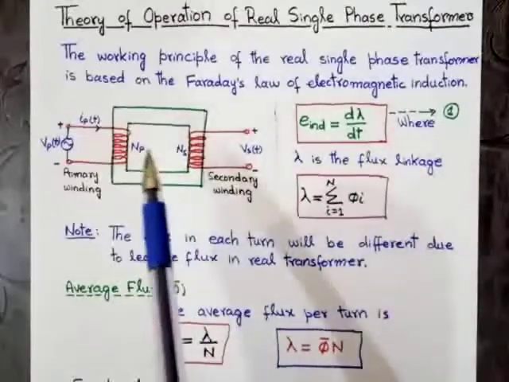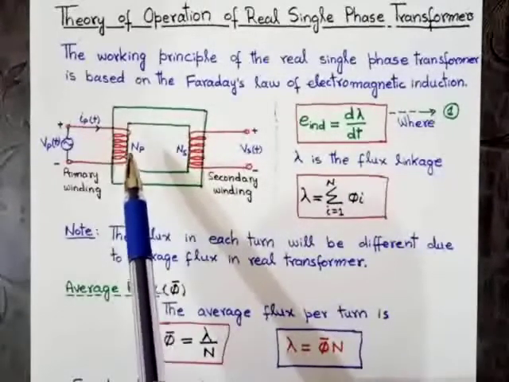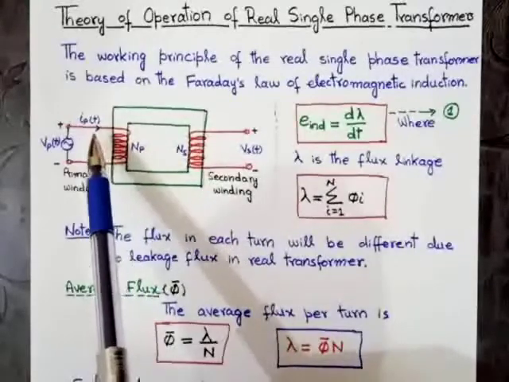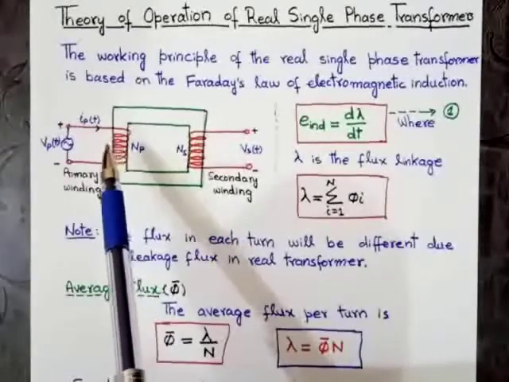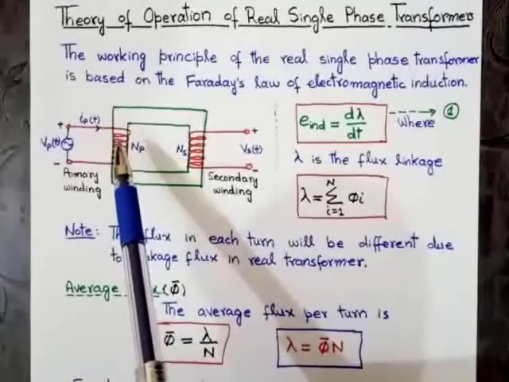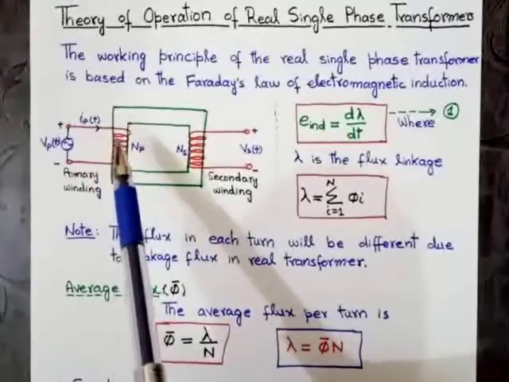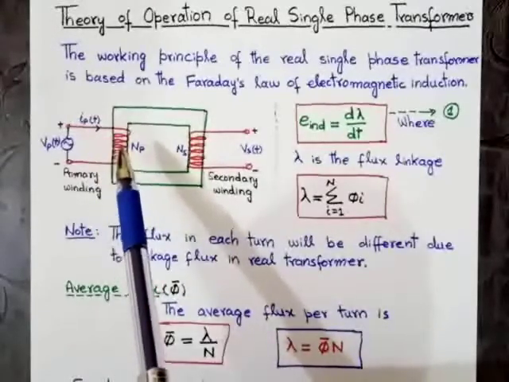In case of a real transformer, when current flows in each turn of the coil, according to Ampere's law, flux will be produced. In a real transformer, in every turn, the value of the flux will be different.